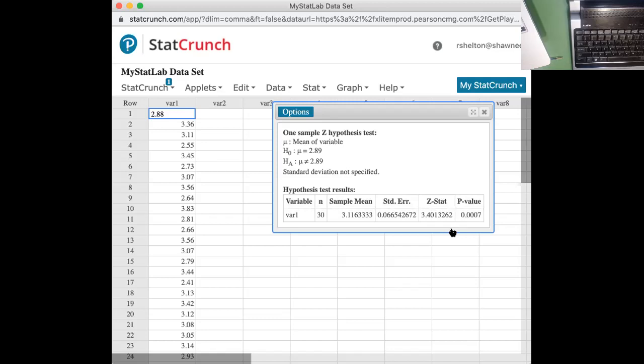But I guess it depends on what you need. If you want the test statistic and a p-value, you get them both at the same time when you do this hypothesis test, okay? Just remember to enter your null mean value when you do the hypothesis test, because it cannot calculate, I have to think about this for a second.